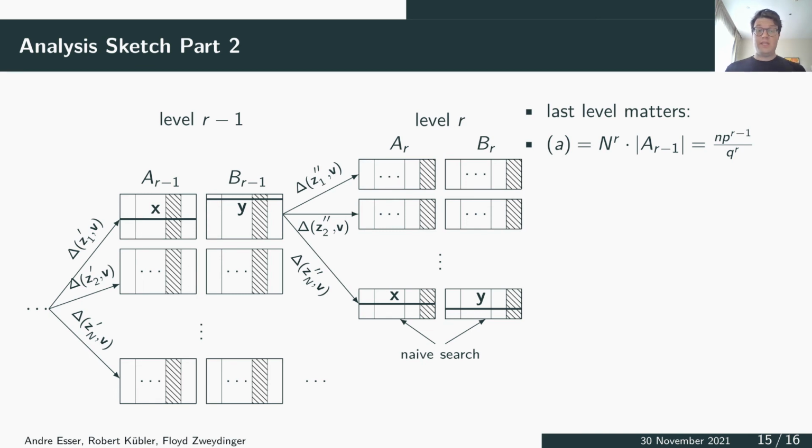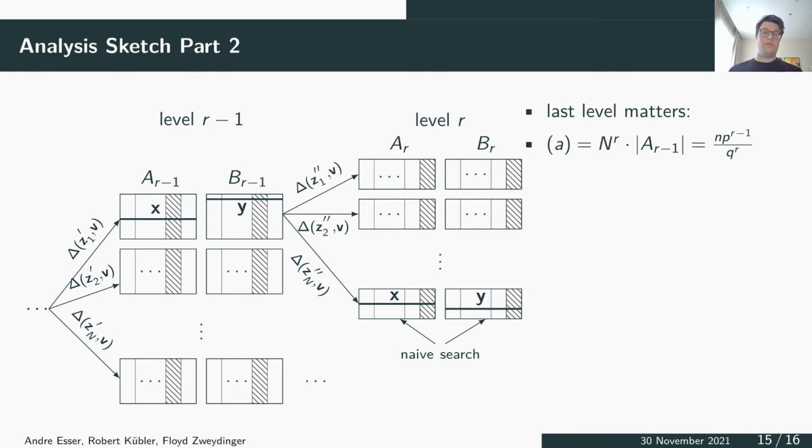For each of these leaves, we have to enumerate the previous list of the second last level, resulting in a cost of n to the power of r times the size of this list, r-1, that is, n times p to the power of r-1. Note that we are able to choose n as 1 divided by q, because we want in expectation that our two elements x and y survive in at least one of these buckets.